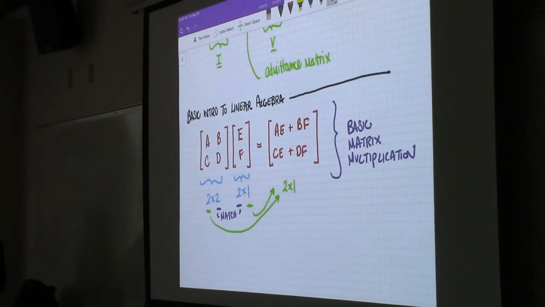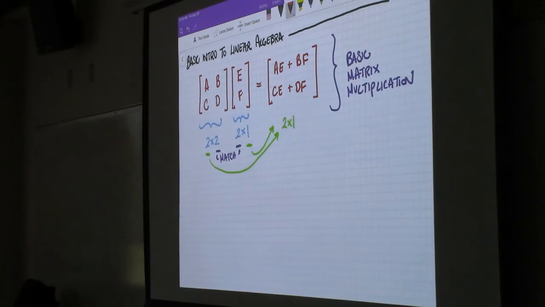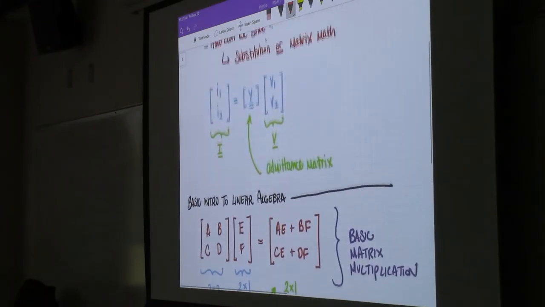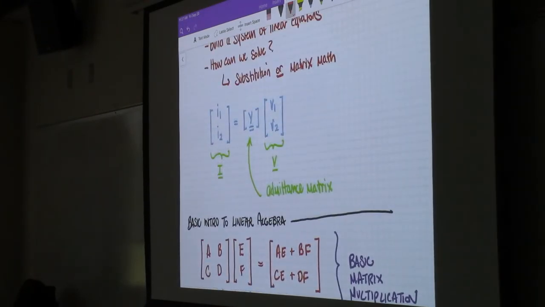Okay, now, if I have something that looks like this up here, I equals Y times V, and you can see from the way this is set up that the admittance matrix will be a 2 by 2 matrix, right?